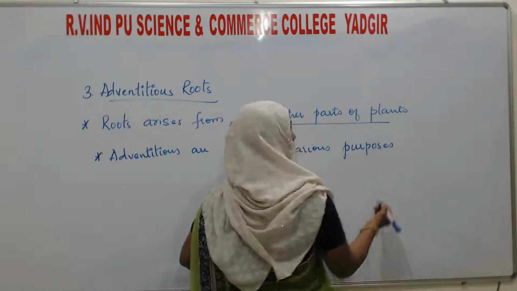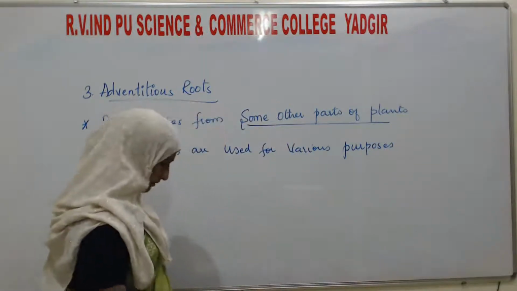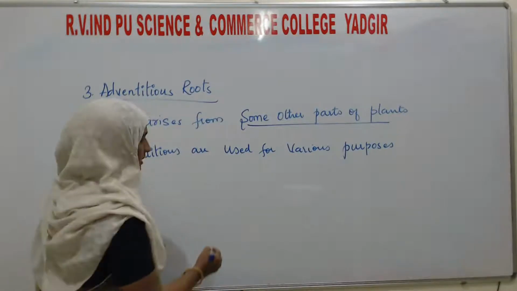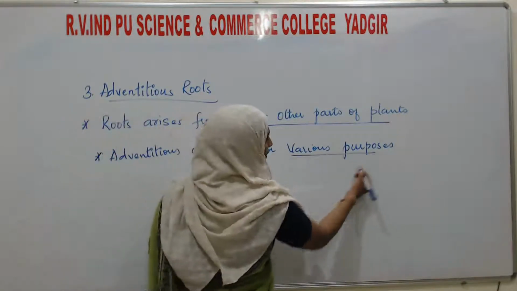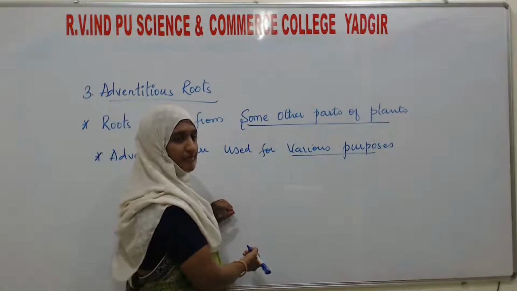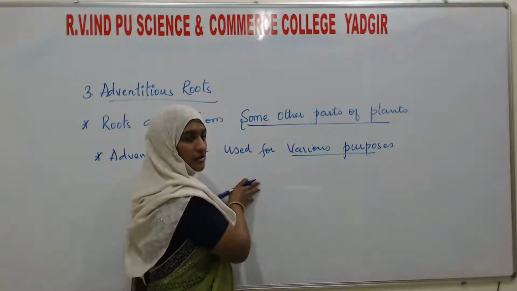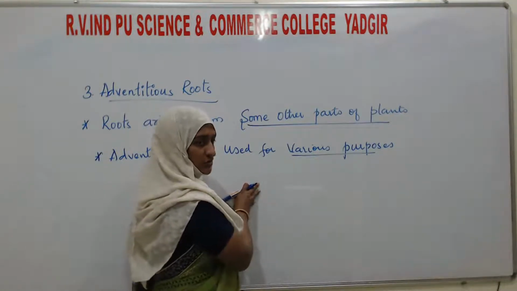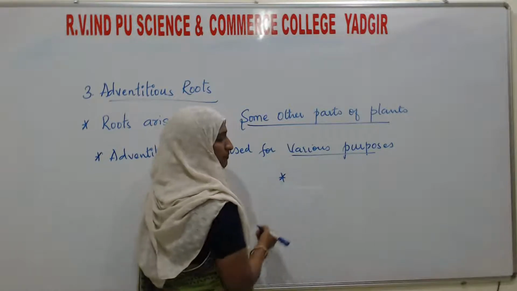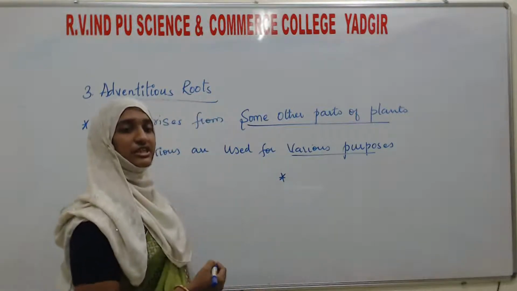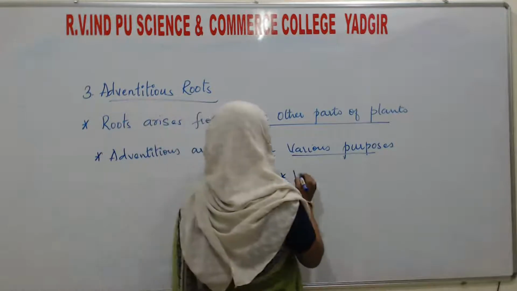And what are those various purposes? We can also say various activities or various functions. For what reason are these adventitious roots used? One is vegetative propagation.